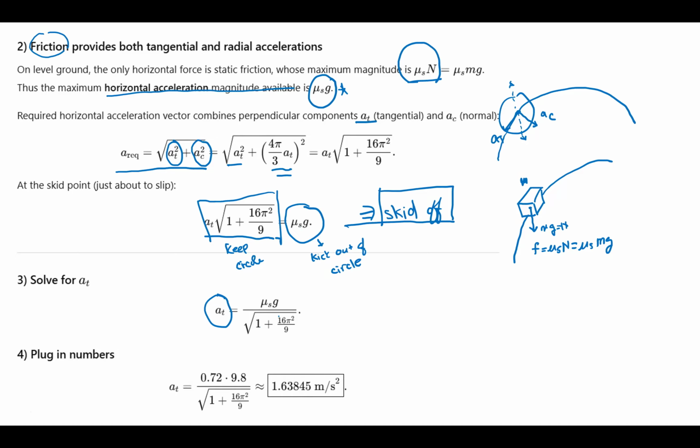Mathematics, AT is given by this one, and then just plug in the numbers, and then you can get the tangential acceleration. So the key thing here is to try to apply the physical model that will fit our natural language expression of the problem statement.